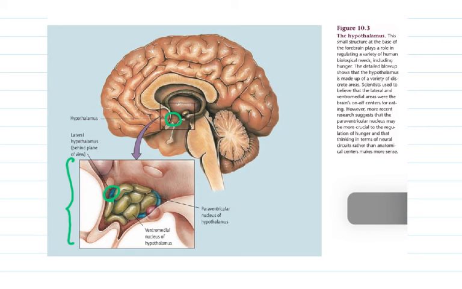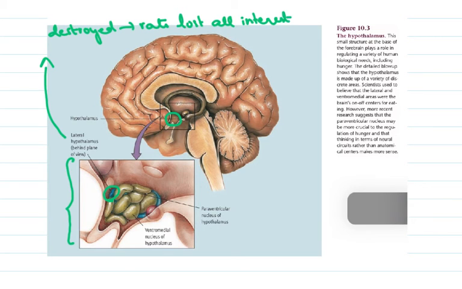Researchers saw that if they destroyed this region in rats, the lateral hypothalamus, the rats lost all interest in eating. It was as if their hunger center had been destroyed.